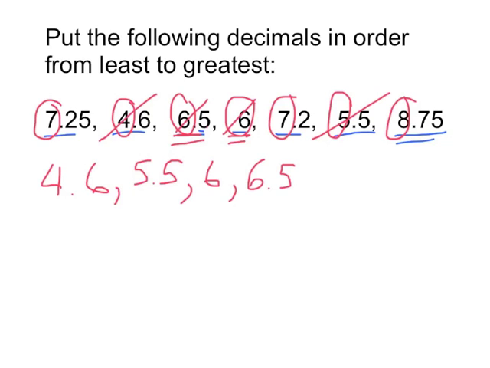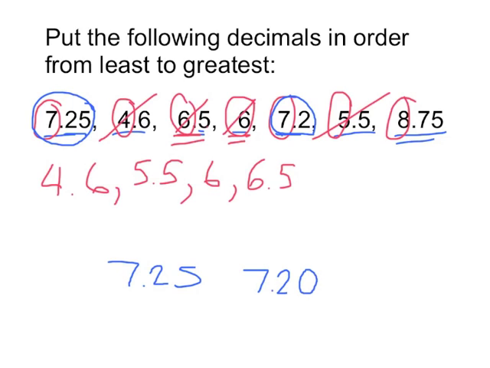Now maybe where it gets tricky for some people, we have 7 and 25 hundredths, and we've got 7 and 2/10. If we're going to compare these two, 7.25, it might make it easier to write 7.2 and add a 0 on the end because it has no hundredths.